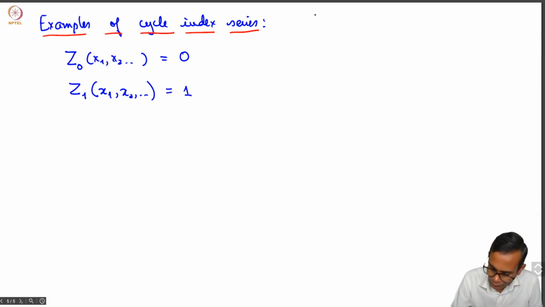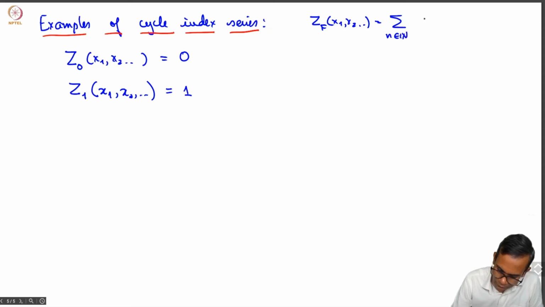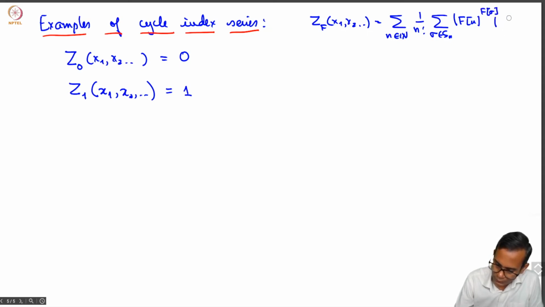Let me just remind you here what the cycle index series is defined as. It's the sum over n in N, 1 over n factorial, sum over sigma in S_n, of the number of fixed points of F[n] under F[sigma], and then x1 to the sigma 1, x2 to the sigma 2.